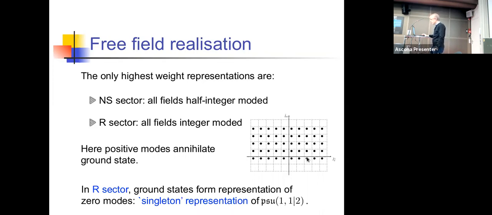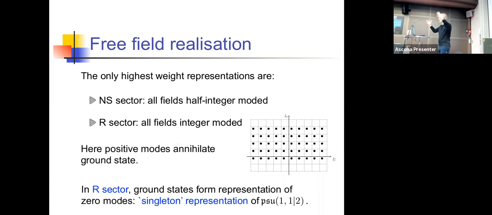And here, I illustrated the J_0^3 and L_0 eigenvalues. These are the eigenvalues of the conformal dimension and the Cartan generators of the SU(1,1). And it's basically infinite in the J_0^3 because the symplectic boson zero modes move you all the way to the right or all the way to the left.